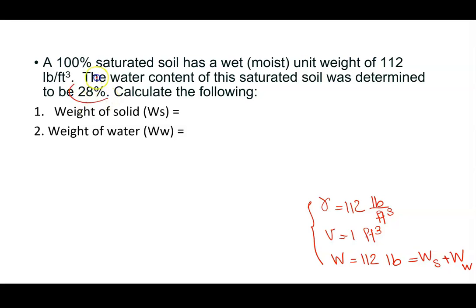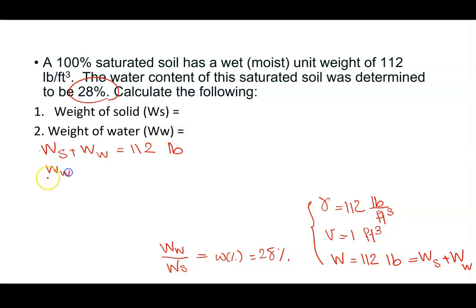Then also the question tells us that this soil has a water content of 28%, and water content is weight of water divided by weight of solids. So we have weight of solids plus weight of water is 112 pounds. We also have weight of water divided by weight of solids is 0.28.